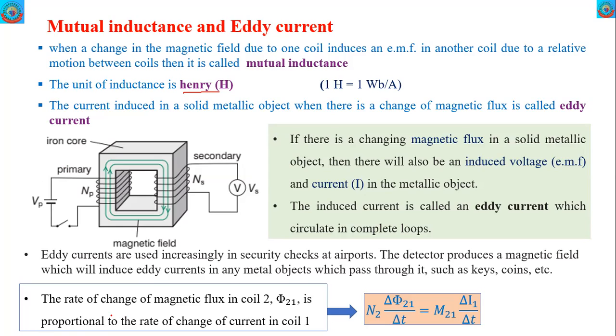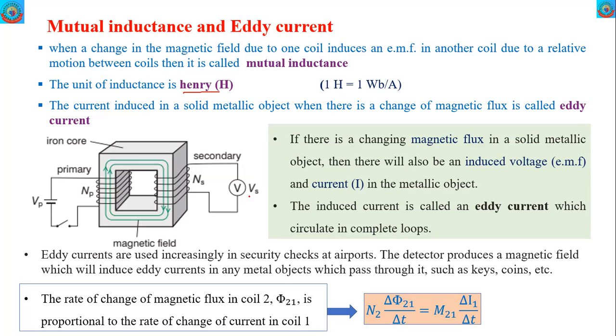As I like a moment to know, the rate of change of magnetic flux in coil 2, the transformer concept, for example. There is a primary coil and a secondary coil, with a number of turns in the primary coil and a number of turns in the secondary coil. There is a voltage, which is an alternating voltage or current, passing through the primary coil, which induces electromagnetic force in the secondary coil.